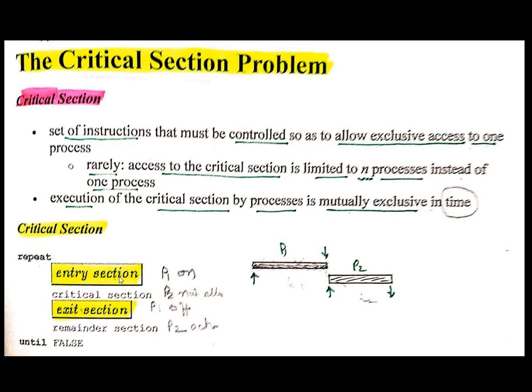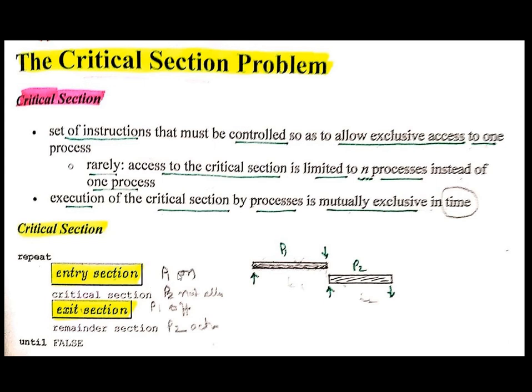Repeat: entry section. That is, P1 is on. When P1 is in the entry section, P2 is not allowed, so P1 is in the critical section. Exit section: who is in the exit section? P1 is in the exit section, and P2 is being reminded that it is entering the critical section.